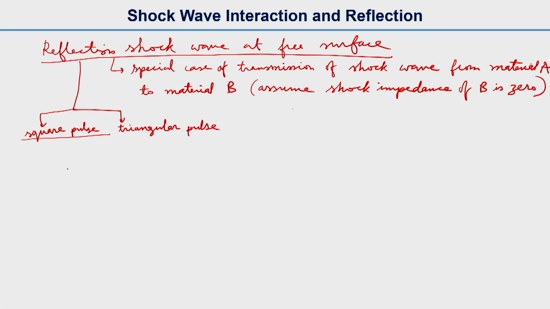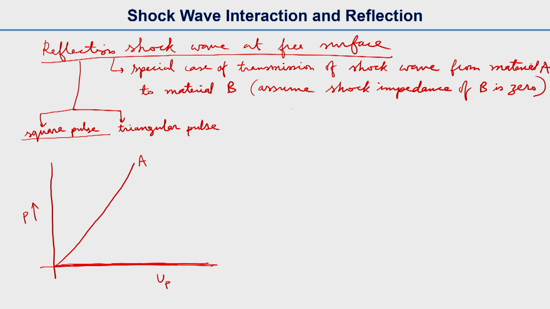To understand this reflection of shock wave at a free surface, we can draw a P-UP diagram, and then the curve for material A is this one, and the curve for material B is the horizontal line, which is exactly the x-axis.